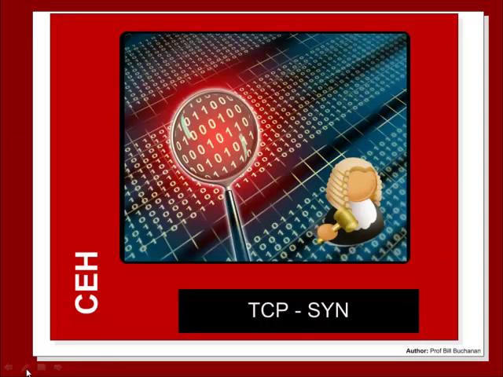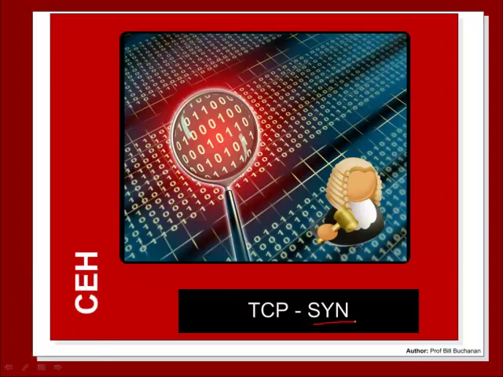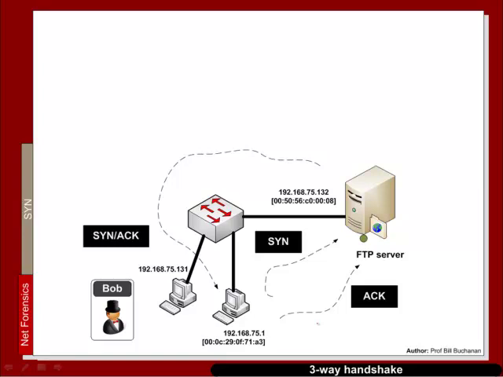TCP is a connection-oriented system, and it uses flags to determine the basic state of the connection. So one of the core flags is the SYN flag. The SYN flag is used to identify that a client wants to connect to a server. So in this case, a SYN flag is sent to the server.